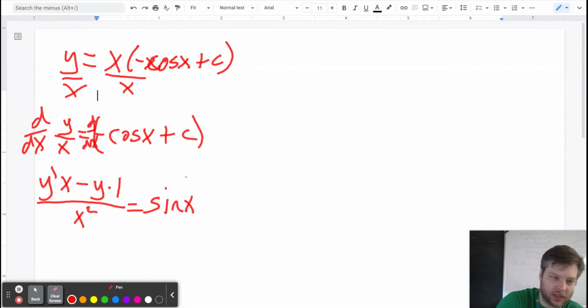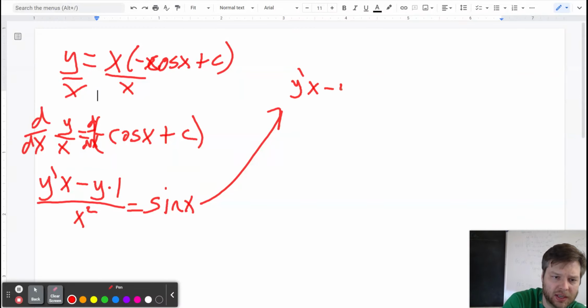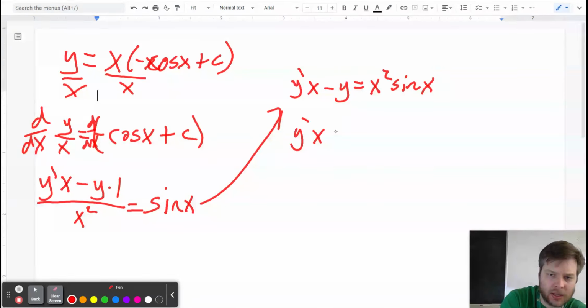And so then if I solve this equation for y prime, I get y prime x minus y equals x squared sine of x. So y prime x equals x squared sine of x plus y.